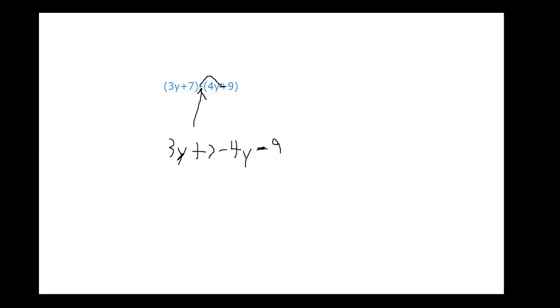Okay? So then you go 3y minus 4y plus 7 minus 9. 3y minus 4y, that's negative y. And then 7 minus 9 is negative 2. Okay.